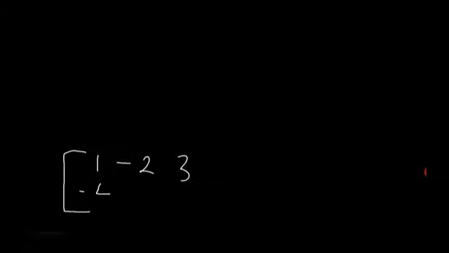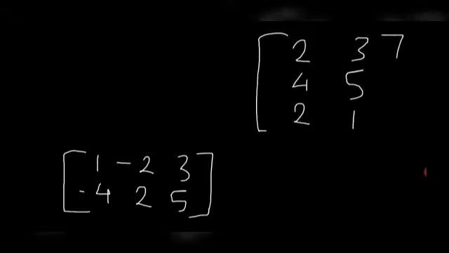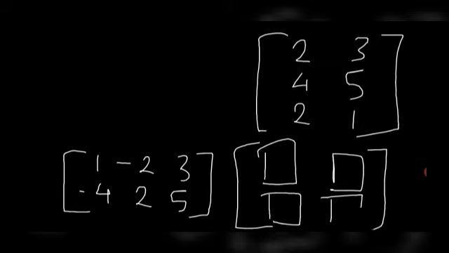This is a trick, remember that. You can do it in the exam also, nobody will say anything to you. Then you write the second matrix here, 2 4 2, then 3 5 1. So it will be a 2 matrix, so there will actually be four spots here, understand?